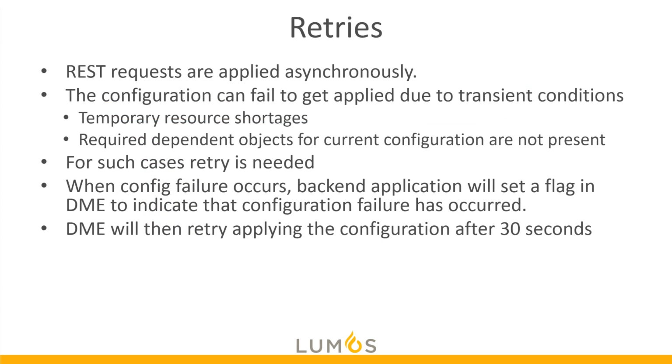So again, REST does requests, and these are applied asynchronously as we just talked about. So the configuration could fail to be applied due to some sort of transient condition, for instance a temporary resource shortage, or maybe the required dependent object for the current configuration isn't present. For instance, we tell it Eth1/85 and there is no Eth1/85.